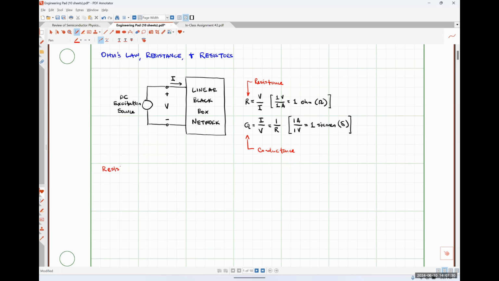So we will define resistance as a measure of how difficult it is to pass a fixed amount of current through a medium.